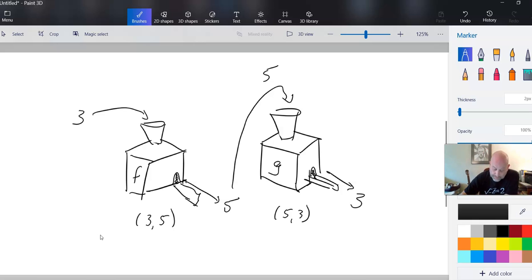Now, if a function is truly an inverse, the notation for that, and this time I'm going to give it a name, we call it the name of the function that it inverts. So we'll call it f.